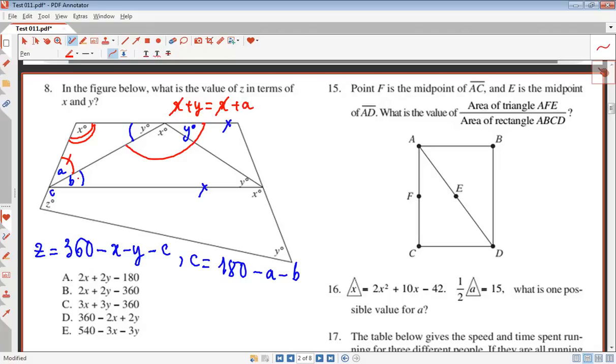This means angle A and angle B, they are equal. Angle A equal to angle B, equal to 180, subtract angle x and angle y.